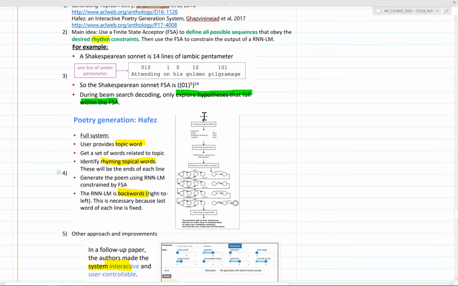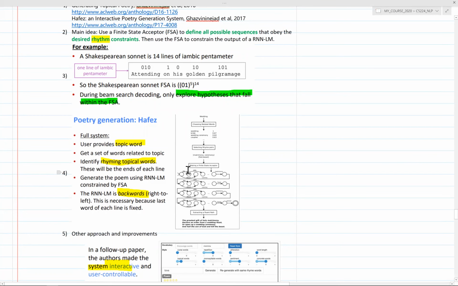So the input could be some kind of topic word, and the model would get a set of words related to that topic and identify what could be the remaining topical words, and then just assign all those words to the end of each line. So basically that's how this poem system will work.